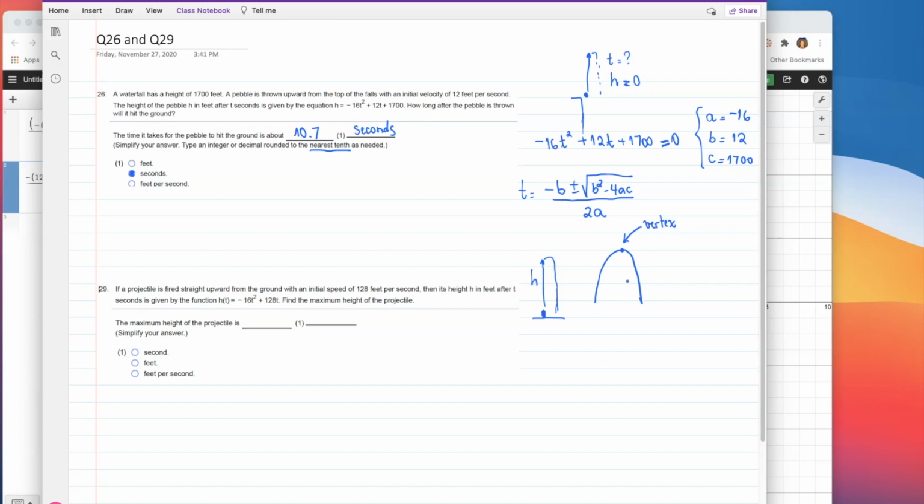Okay, from the height function of t, negative 16t squared plus 128t, I have the value for A, that is negative 16.